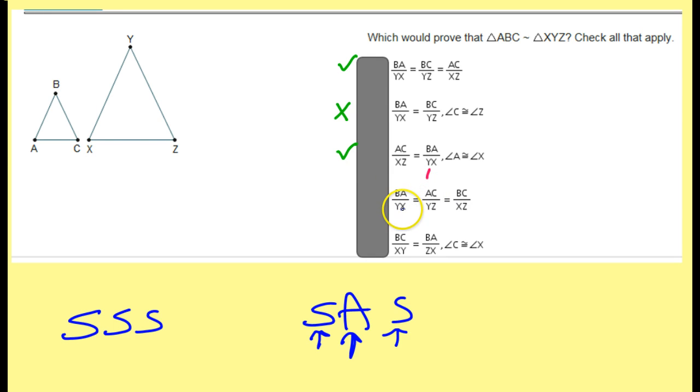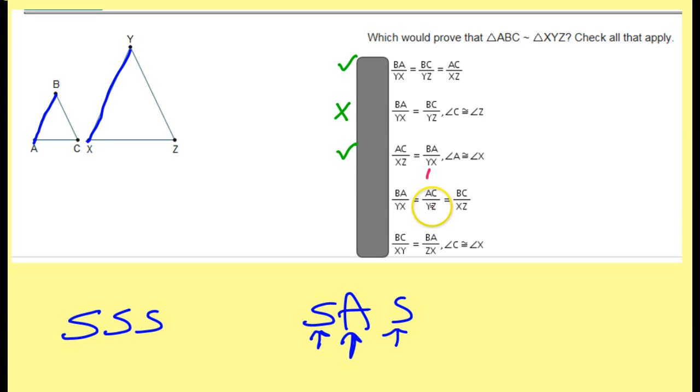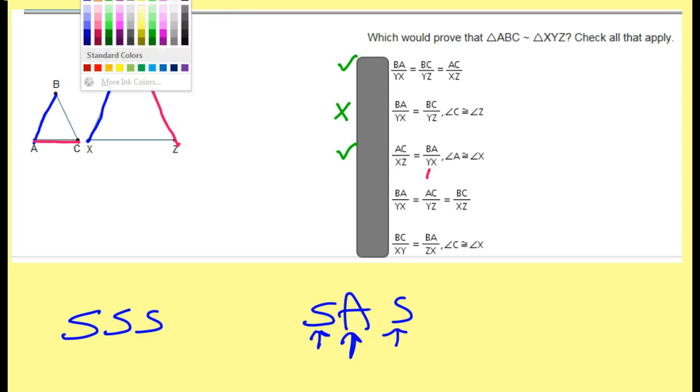So I have BA over YX. And then I have AC over YZ. Okay, and then I have another pair of sides.